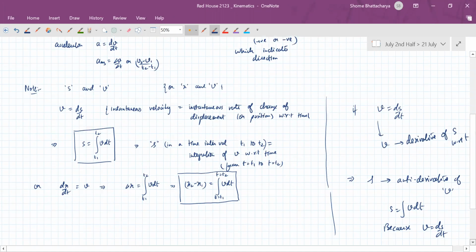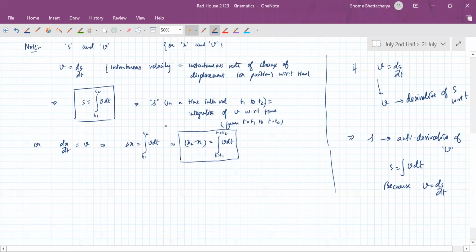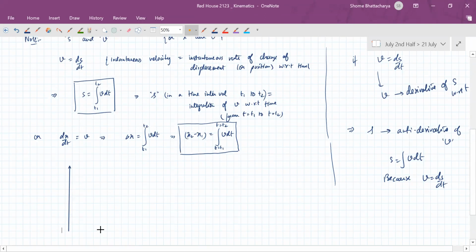Okay, so another thing that it explains about the relationship between displacement and velocity, or position and velocity, is that if you visualize the velocity-time graph, what is the displacement in a certain time interval from that graph? It's going to be the area under the graph, or area under the curve.